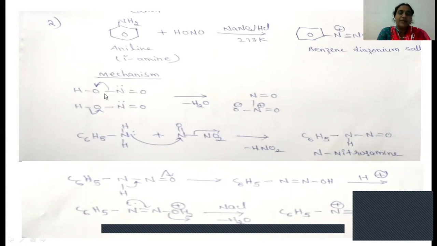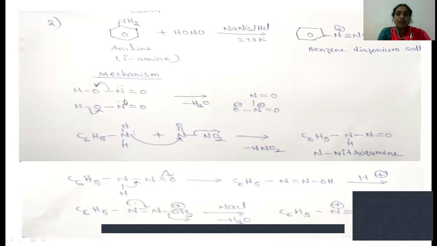From here, OH minus is eliminated, from here H plus is eliminated, and the bonding electrons shift towards the oxygen, so oxygen gets the minus charge. With the bonding electrons taken by the oxygen, one nitrogen gets the plus charge.